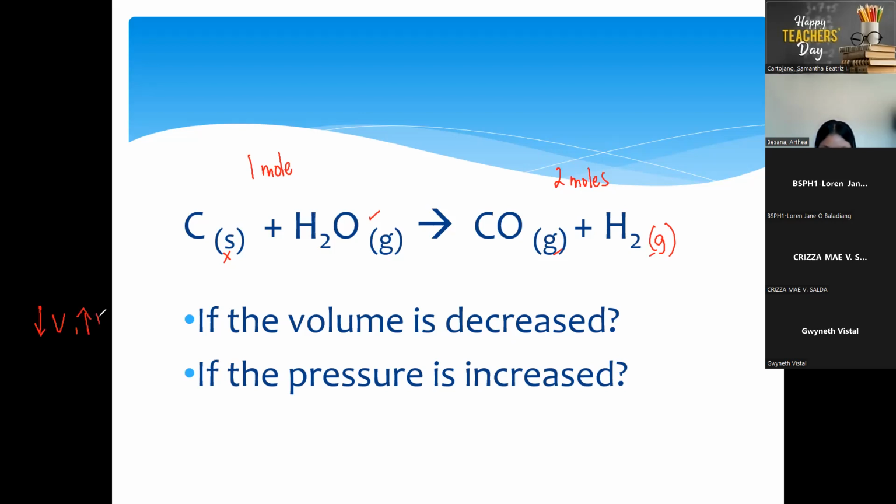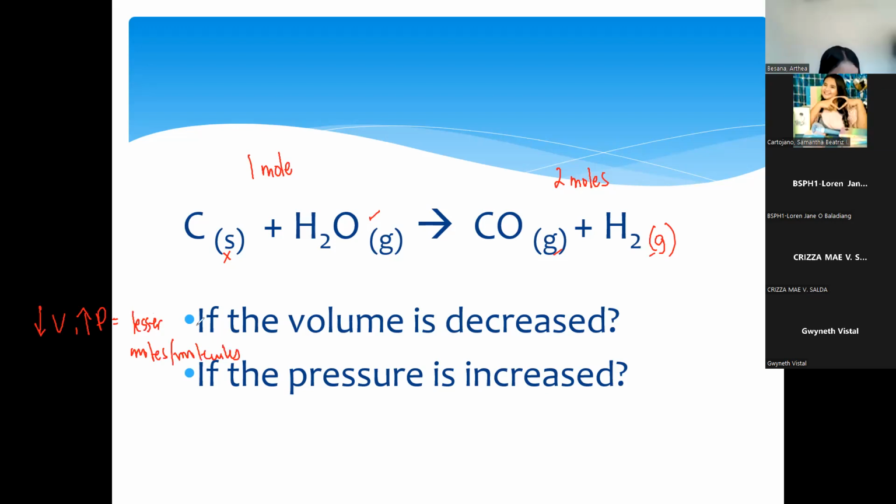The pressure will increase. This will favor lesser moles of gas. Moles or molecules, parehas lang yan ha. So saan yung lesser dyan? This side. So basically, the chemical reaction will be backwards. More product will react to form the original reactant. So the answer here is to the left.